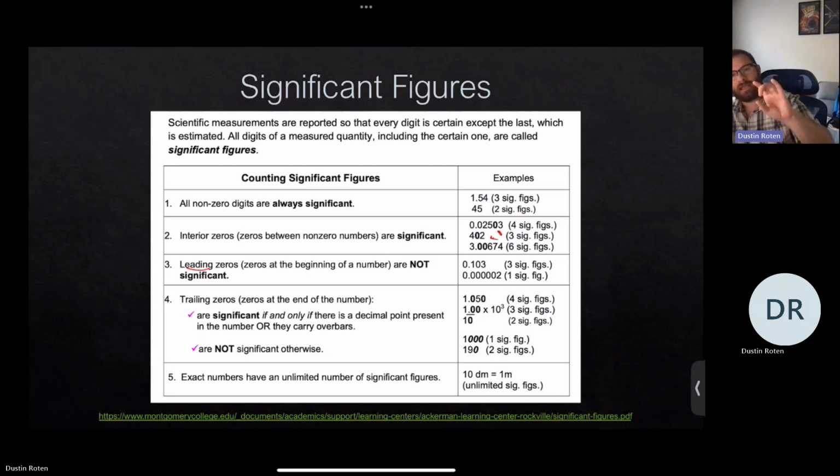Trailing zeros can or cannot be significant. If there essentially is a decimal point present in the number, then they could be significant. If there's no decimal point, then they are not significant. And then exact unit conversions, you don't have to worry about those significant figures. You're going to assume that they're exact.